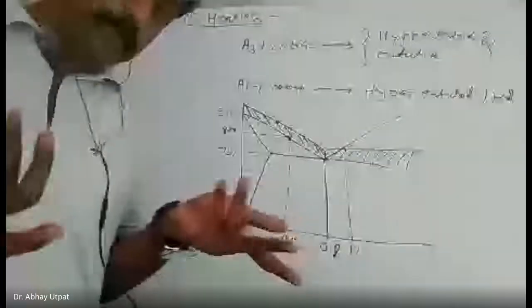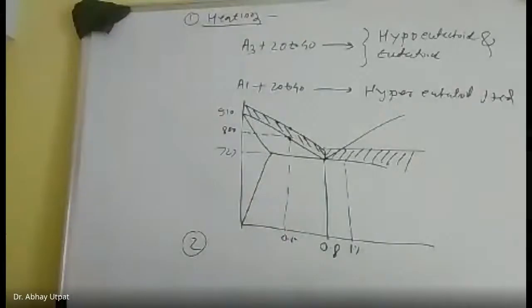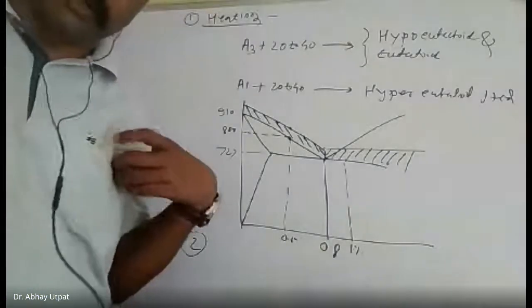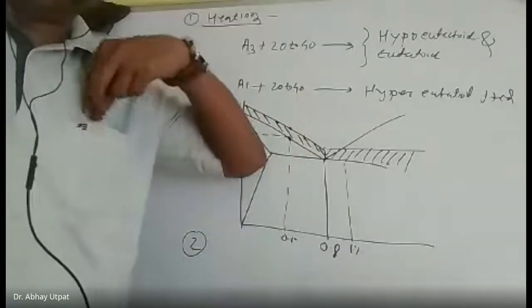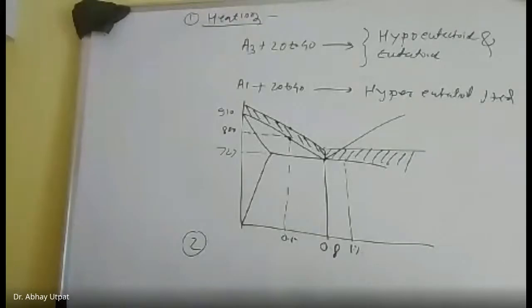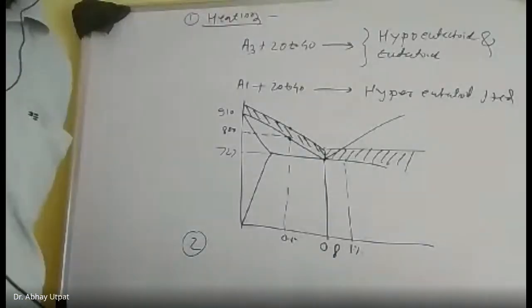But if it is more than 25 mm section, what is the next? So I repeat, soaking is carried out at minimum 1 hour for 25 mm section and 30 minutes for every additional 25 millimeter.